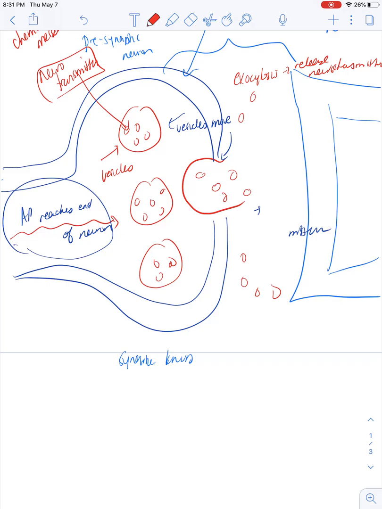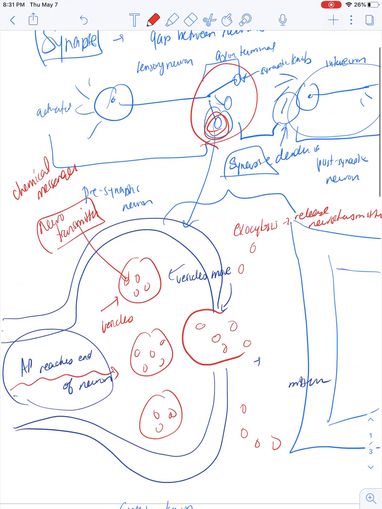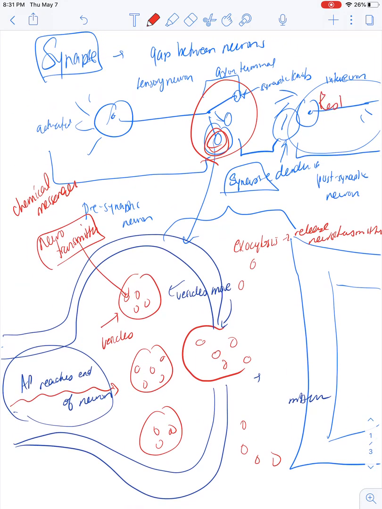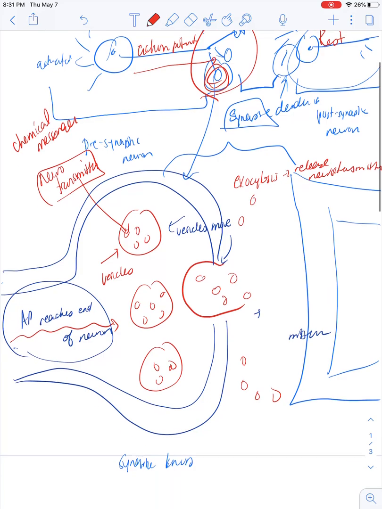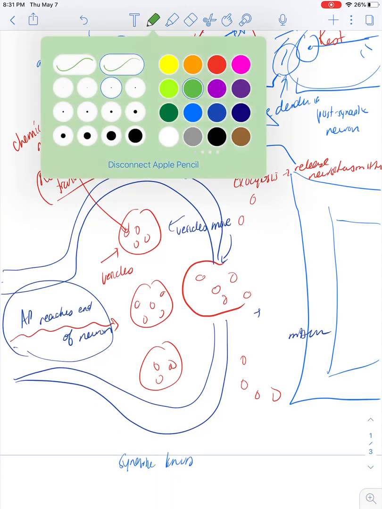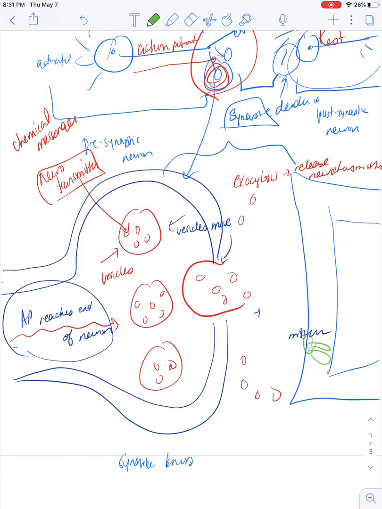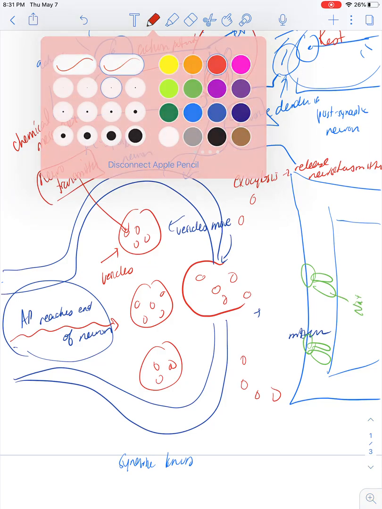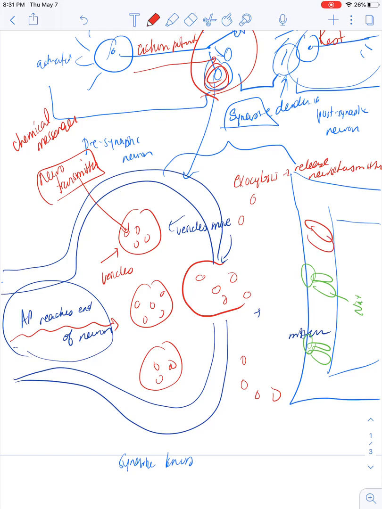Now the neuron that is here, this neuron is at rest, okay? So this neuron has the action potential coming down it, and the neuron beside it is at rest. There are channels on the neuron. There are the sodium channels that I mentioned in my last lesson, and there are potassium channels.